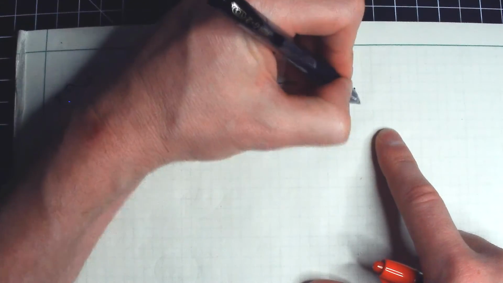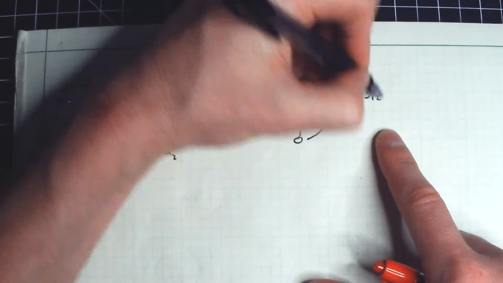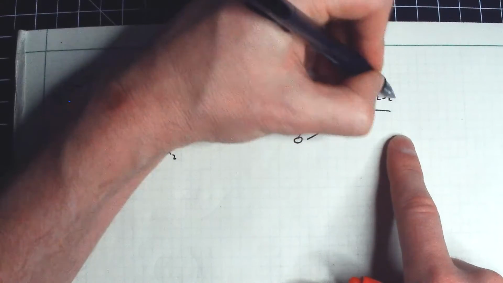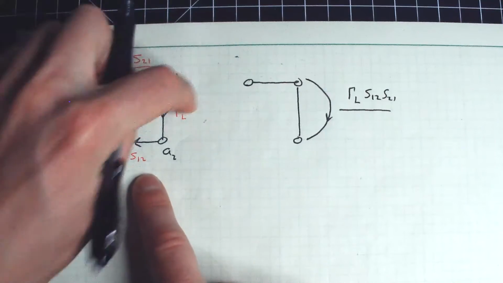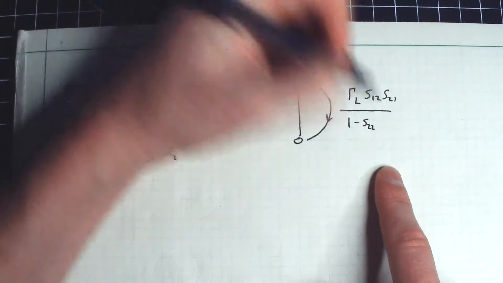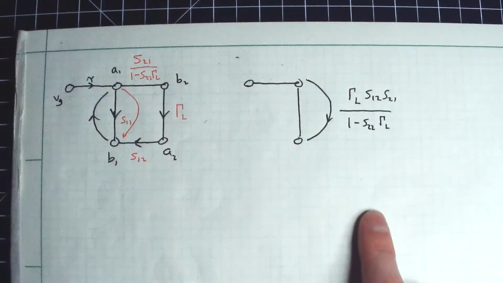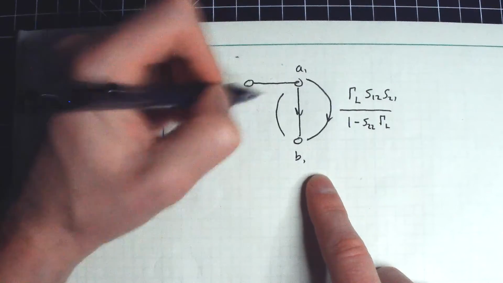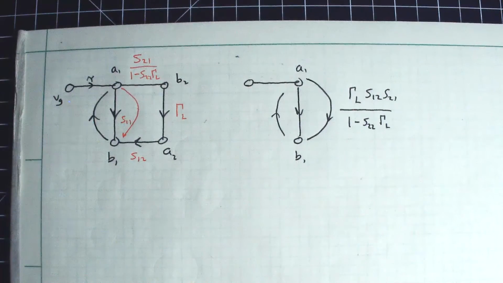So you have a gamma sub L S12 times S21. That's also in the numerator there. So multiply them all, and then we divide by 1 minus S22 gamma sub L. And then here's A1 and B1, and that kind of feeds back there as well.